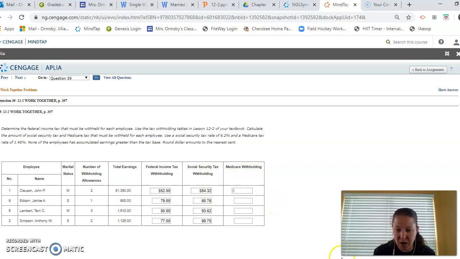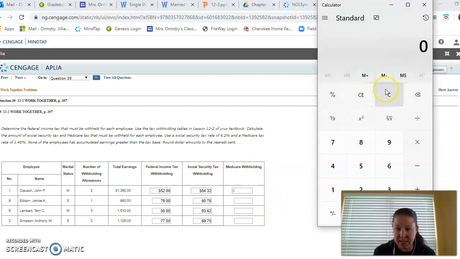Next, we have our Medicare withholding. So it says here in the directions again, Medicare tax is 1.45%. Again, you might want to write that on your packet or also write the conversion to a decimal. So that would be for John Clausen, he made $1,360. We're going to multiply that by 0.0145, okay? That is 1.45%.